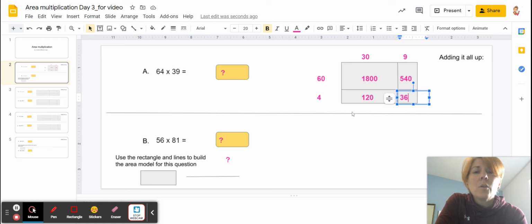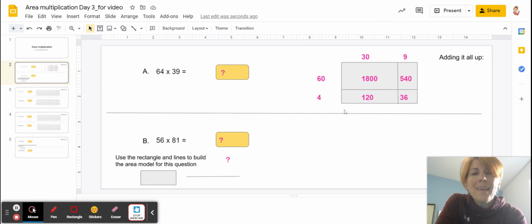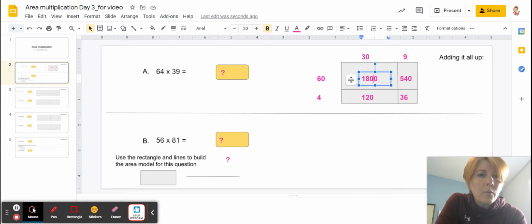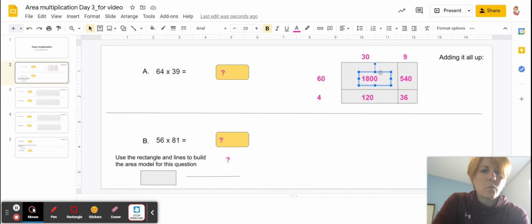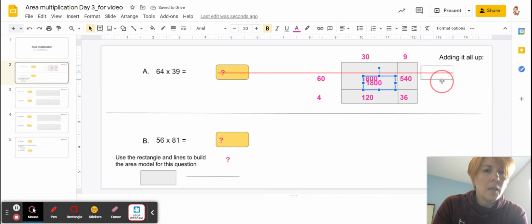All right, so at this point, me adding this up can get a little bit challenging. So what I would recommend, or one of the things you could do that might help you, is you can take each of those numbers that are in there and you could move them over here.